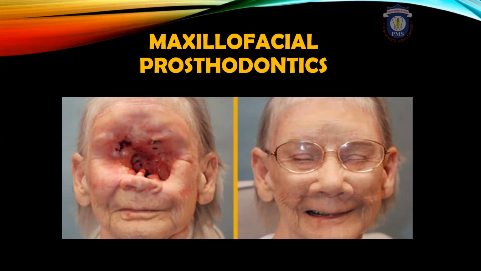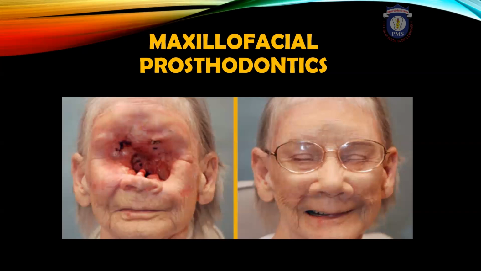This can be because of some injury, some war injury, some accidents or some cancer. Usually this happens in cancer patients where the cancer has spread to different sites, especially the eyes, the nose, and the interior structures over it.